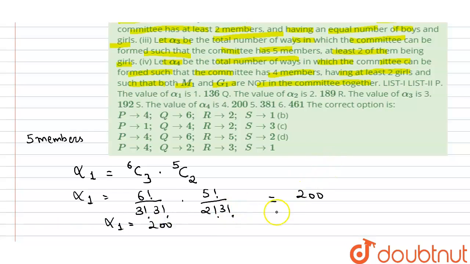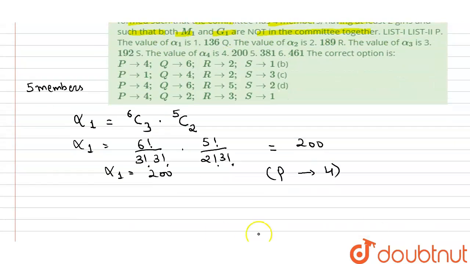So we can say the value of P, that is the value of alpha 1, is 200, that is 4. So we can write P is 4. Okay. Now we have to find the value of alpha 2.